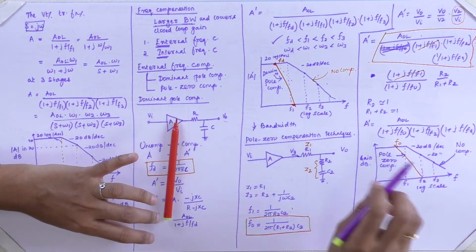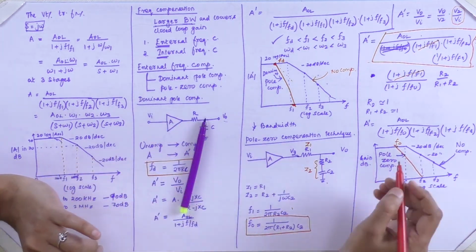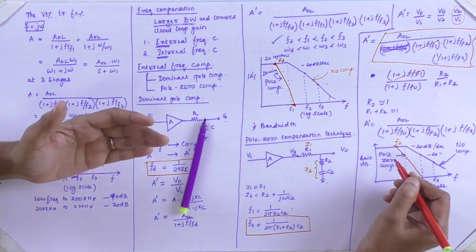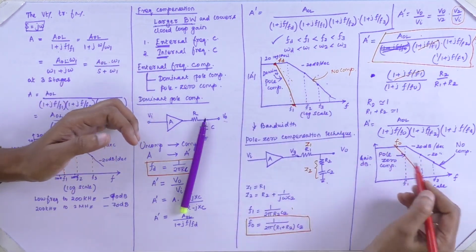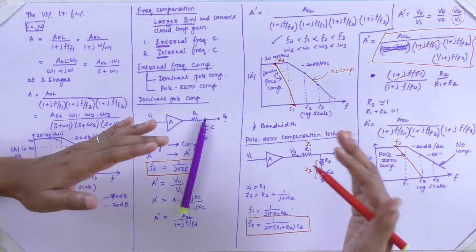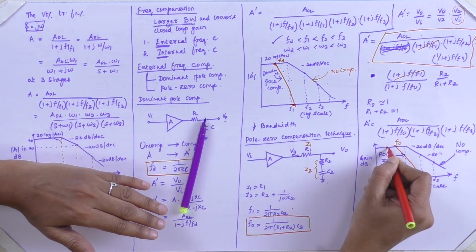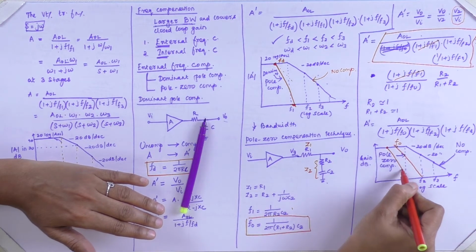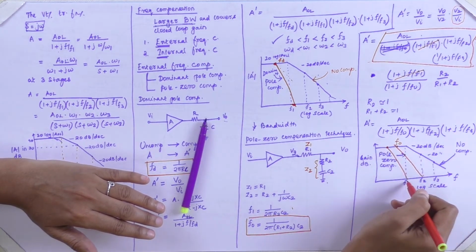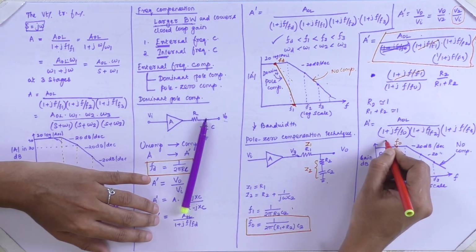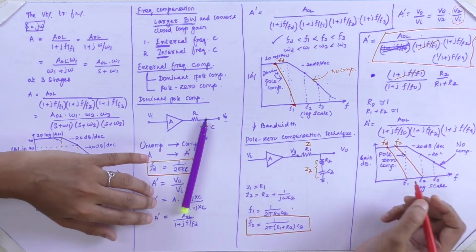So now this is the pole zero compensation technique, whereas in case of your dominant pole, so now I am going to compare both dominant pole and the pole zero compensation. So I will be making here this F1 that may be passing to that F1 frequency. So it is your dominant pole frequency.